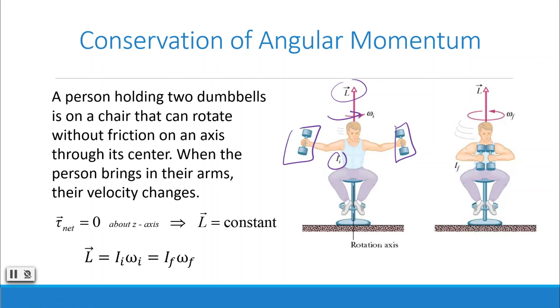Now, if we assume that the rotating platform has no friction, then when he brings his arms in, his rotational inertia has decreased, which means his angular velocity has to increase. That is due to the fact that there's no net external torque, so our angular momentum is constant. Our angular momentum at the start has to equal our angular momentum at the end. So with a lower rotational inertia, we have to have a higher angular velocity.